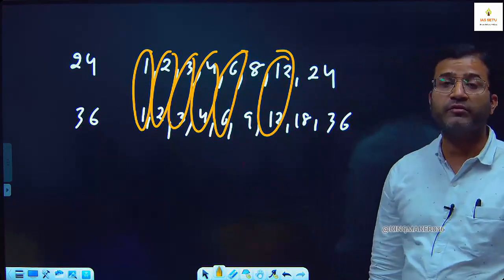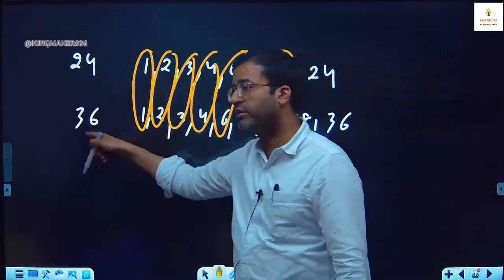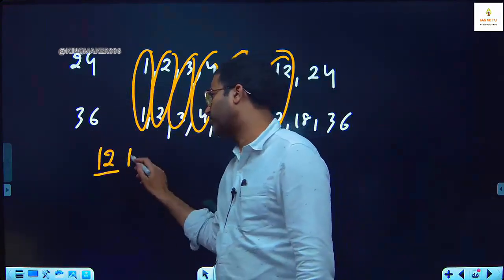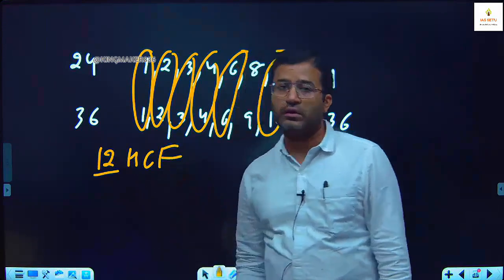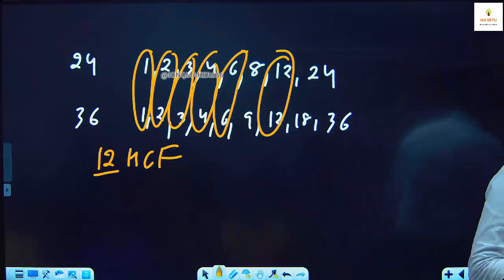Out of these common factors, tell me which one is highest? 12. So what is HCF of 24 and 36? Among the common factors, the highest one is known as highest common factor.